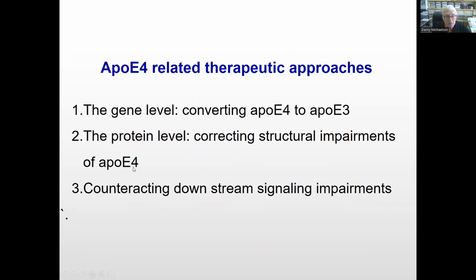One last point: we talked here about downstream approaches as not being very attractive, focusing instead on the molecule, which is our approach. There's also a possibility of focusing on the gene level, converting ApoE4 to ApoE3. This is something which we have begun to work on in collaboration with Danny, and hopefully by next year we'll be able to show you some more results.